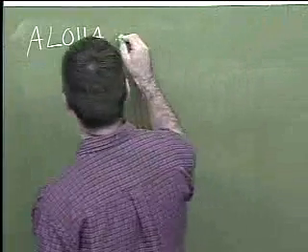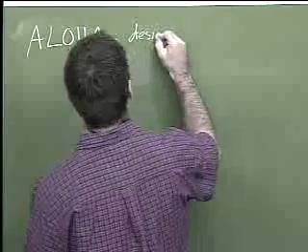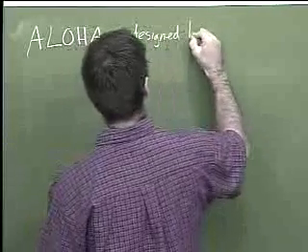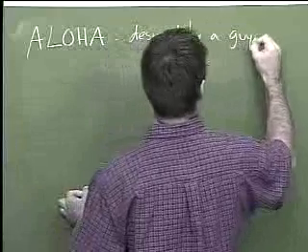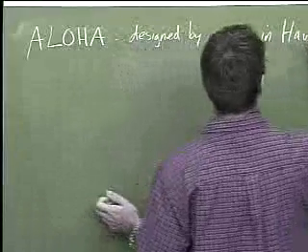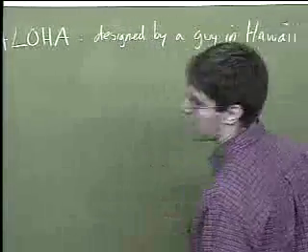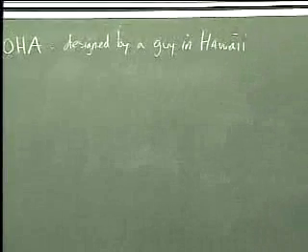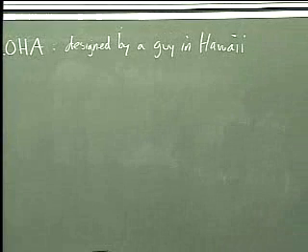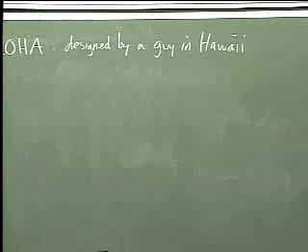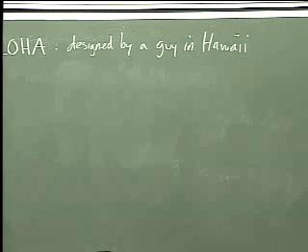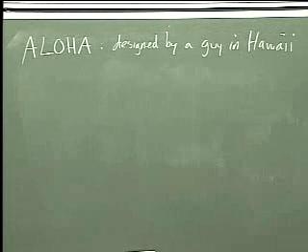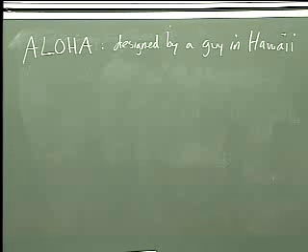Not surprisingly, designed by a guy in Hawaii. Hawaii is a bunch of islands. They were just starting to build communication networks, and they had to send messages from island to island, so it was easier to do it using wireless technology. But you had this collision problem. So it's a very simple protocol.